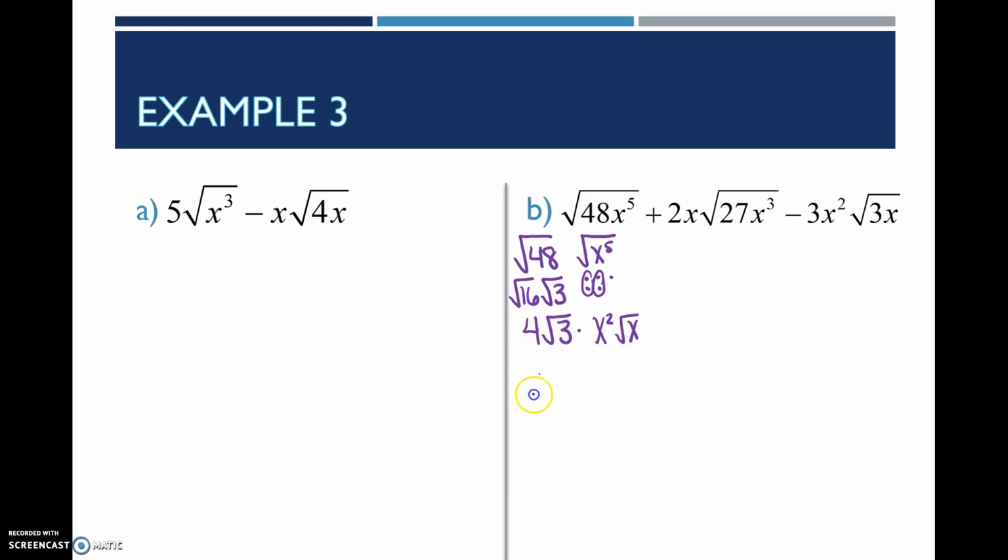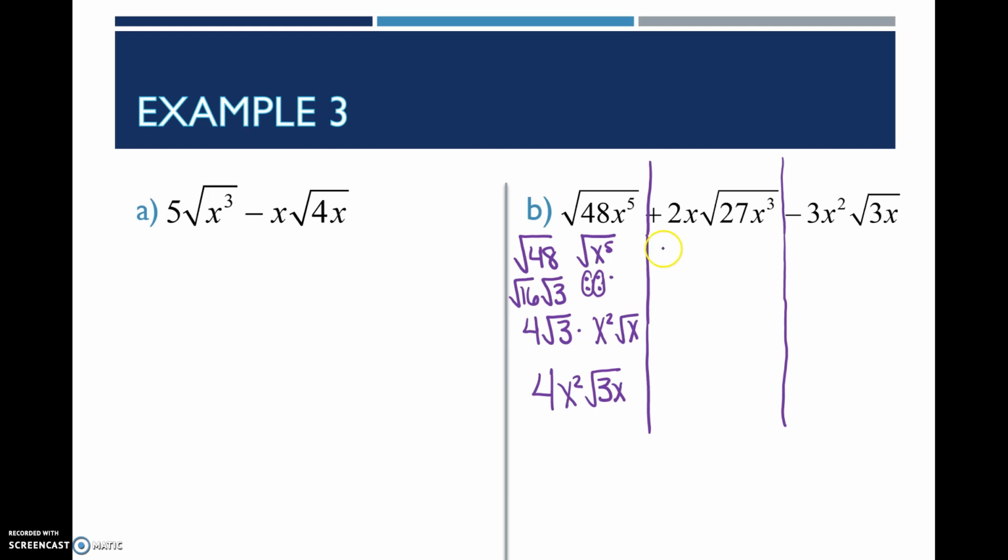That combines into 4x squared square root of 3x. So it's really like we're doing this. We've got 3 separate problems that we need to simplify, and then we'll see what the answers look like once we have them all simplified.